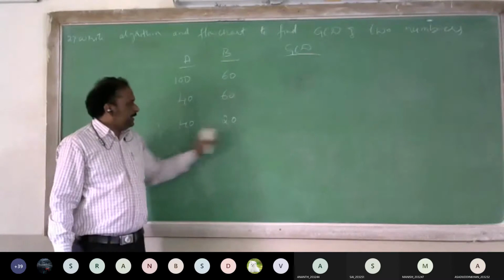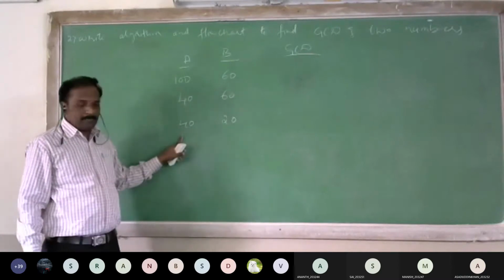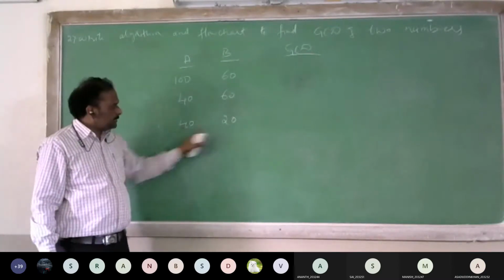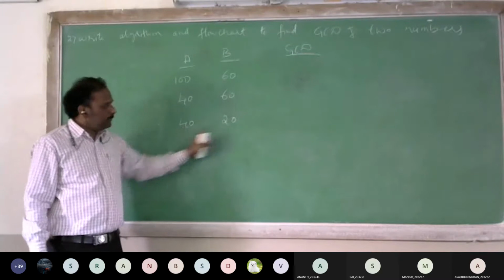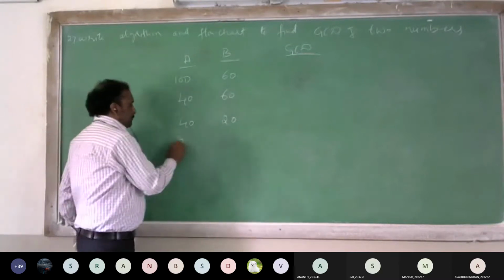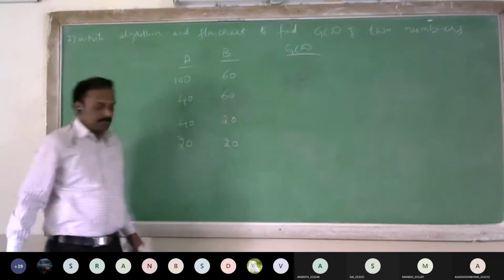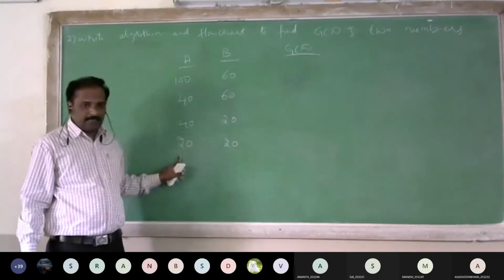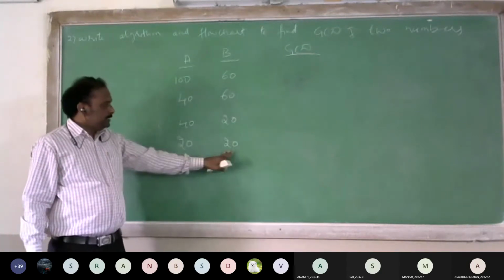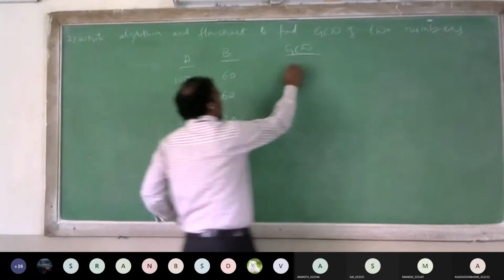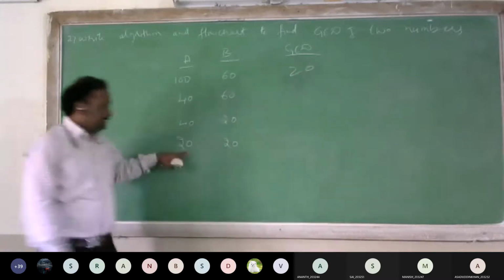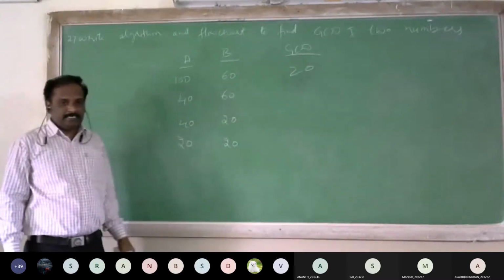Among A and B, 40 is bigger, so 40 minus 20 is 20. Now both are the same, right? When both are the same, print that 20 is the GCD of 100 and 60.